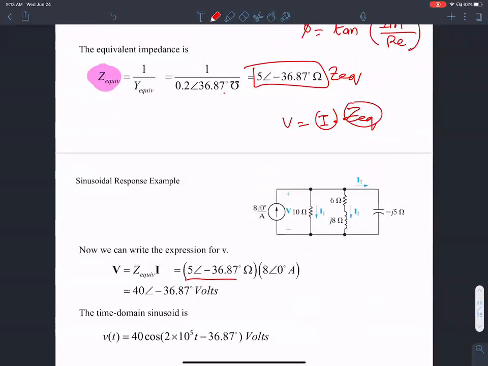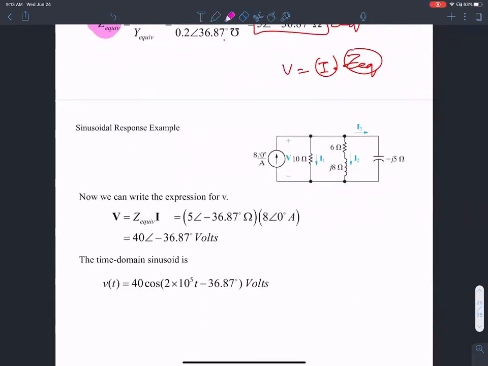The product of those two gives me the voltage. The time domain representation is 40 cosine of 2 times 10 to the 5, which is the frequency that was given to us, minus the phase angle that we obtained from this step.